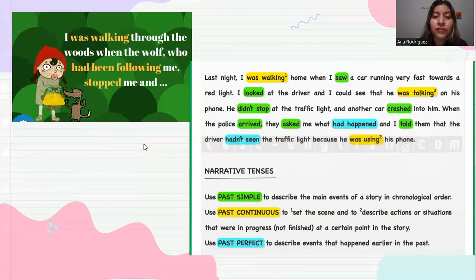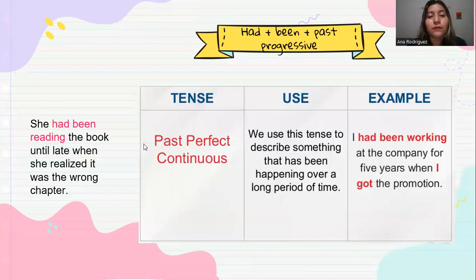Okay, so those are the narrative tenses that we can use to create a story in English and also to describe certain events in the past.